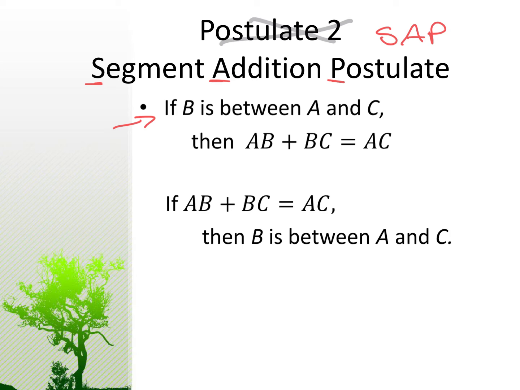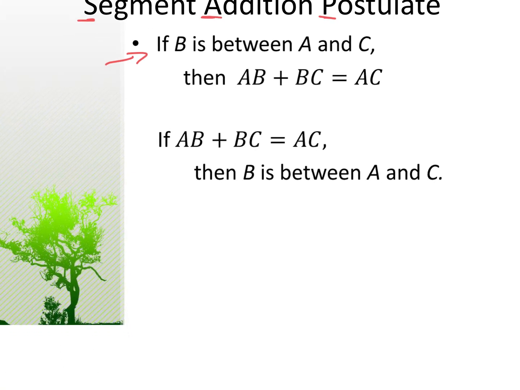And then you could also say the reverse of that. If you're told that AB plus BC equals AC, then you know that B is in between A and C. So let me give you a little visual here. I'm going to draw a segment, and I'm going to label it with points A and C, and I'm going to put B somewhere in between. I'm going to put it about here.